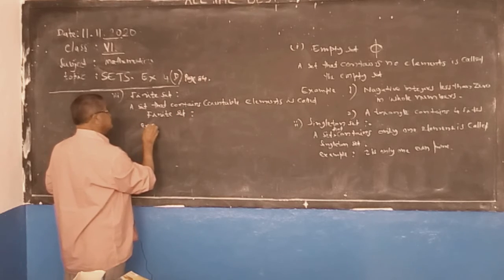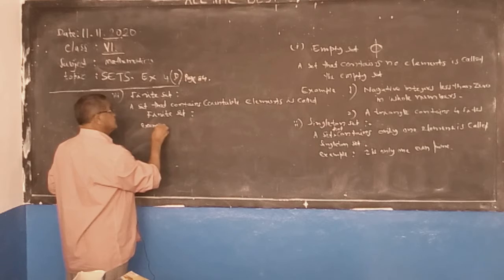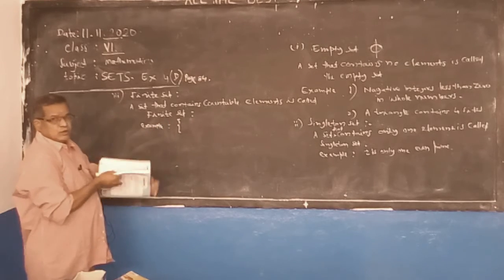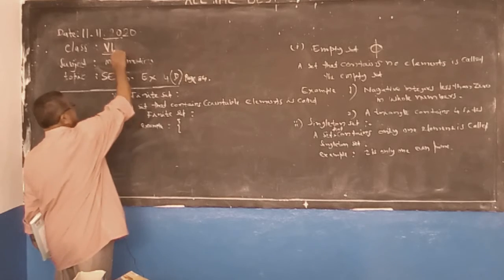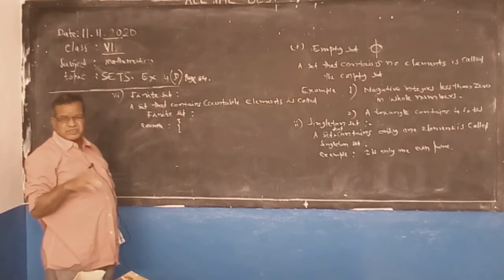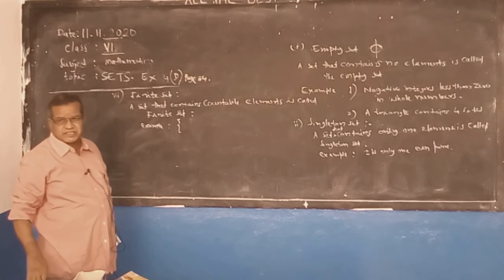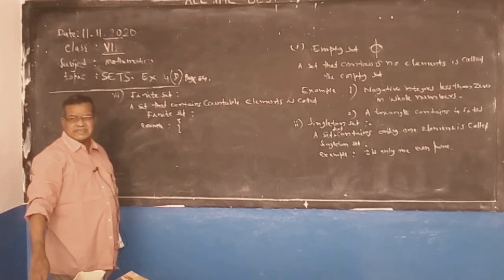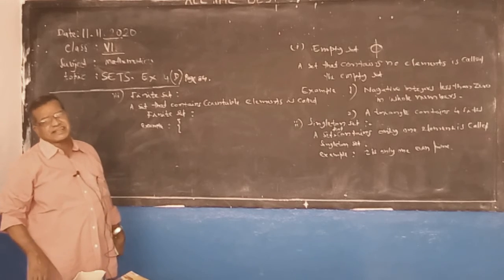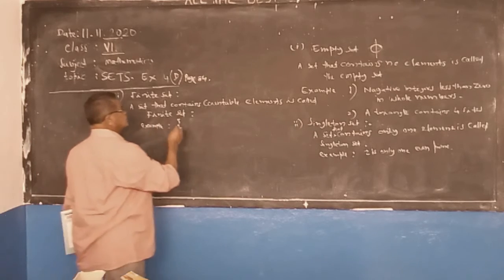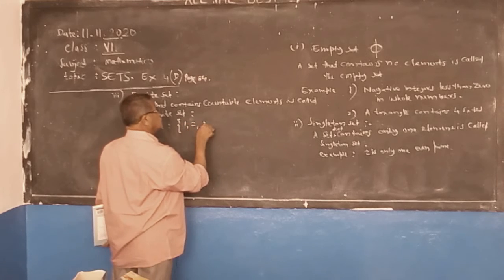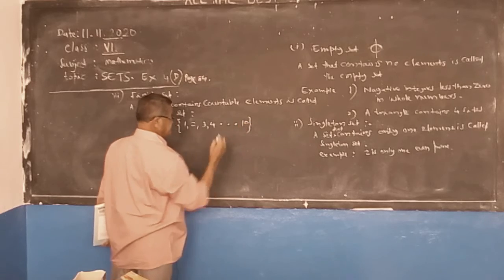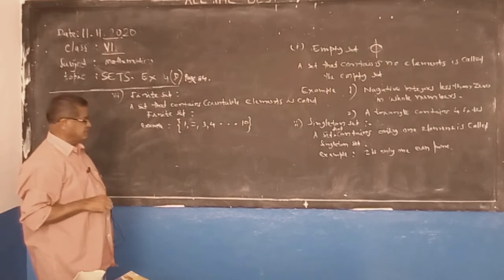Example, we can count. There is a starting and an ending. In our 6th, 7th class, we can count the students, how many students are there in the class, Section A. Suppose 30 students. It has a beginning and an ending also. We can count the numbers 1, 2, 3, 4, up to 10 like that. So we can count the numbers.